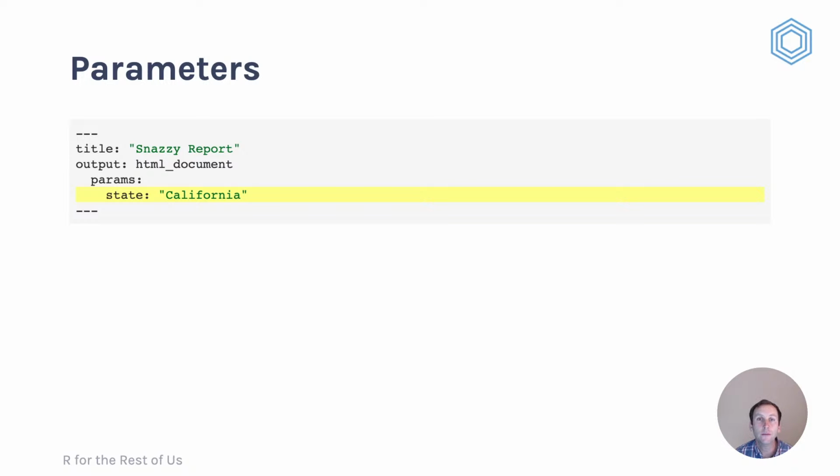Another extremely powerful part of R Markdown is parameters. What this does is it enables you to set parameters, or kind of variables, that you can use later on throughout the process of knitting. Let me show you how this works. You list your parameters in your YAML. So you can put, for example, params, and here I've said state, and then you have to list a default, California, for example.